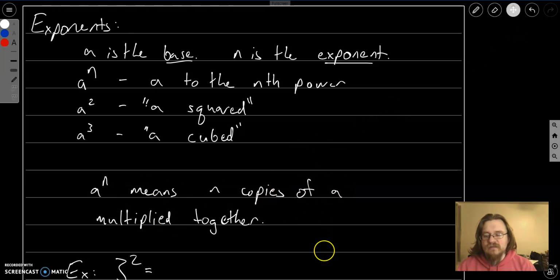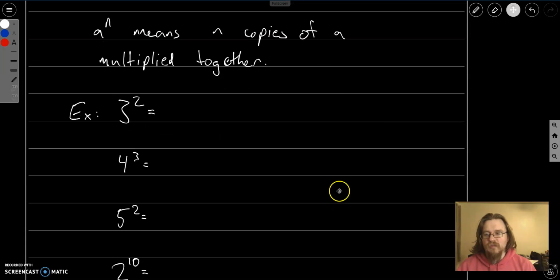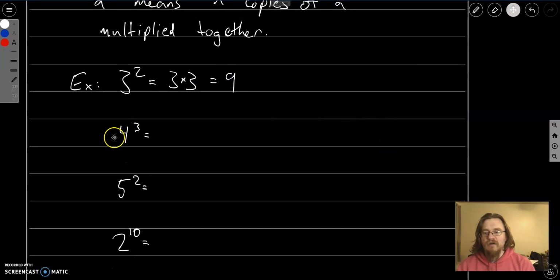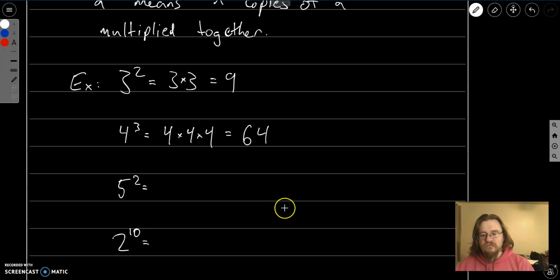And I think it's easiest to see some examples with numbers. So for instance, 3 squared, or 3 to the second power, is going to be 3 times 3, which we know is 9. There's not a whole lot more to it. 4 to the third power is going to be 4 times 4 times 4. 4 times 4 is 16, times 4 is 64.